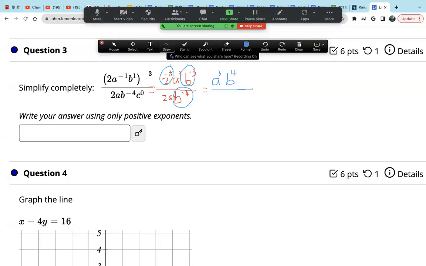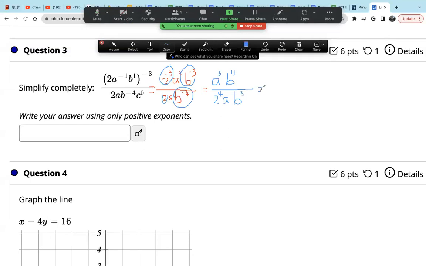Then 2 to the negative 3 moves down to 2 to the 3, but we already have 2 here, so that becomes 2 to the 4th power. Then we have a here. Then b to the negative 3 comes down and becomes b to the positive 3.